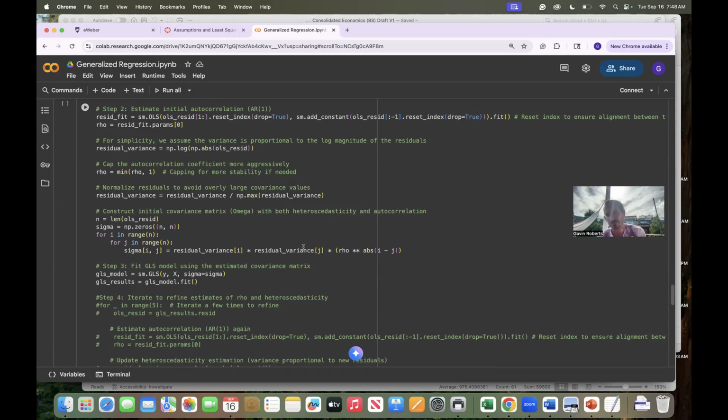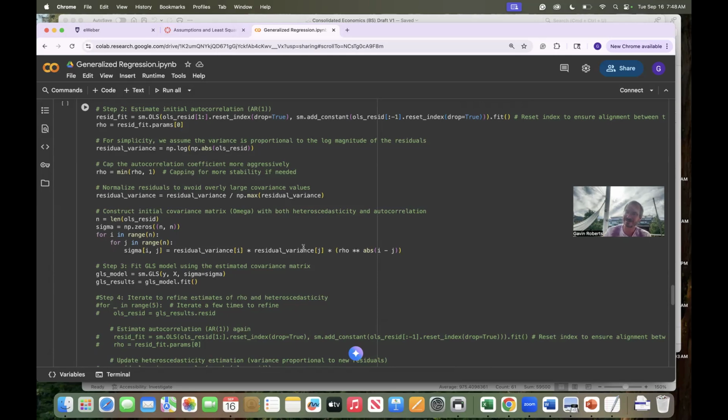That will actually allow us to get new coefficients. Those are now generalized least squares coefficients. Those new coefficients are going to change our line and change the errors in our variance covariance matrix. So that's like a new estimate of our variance covariance matrix.